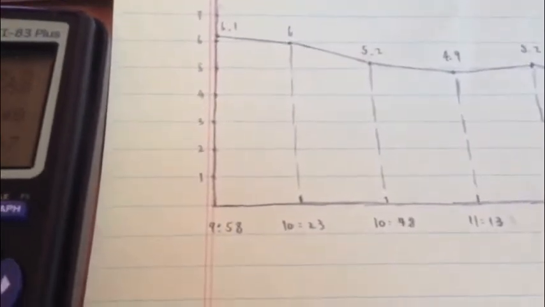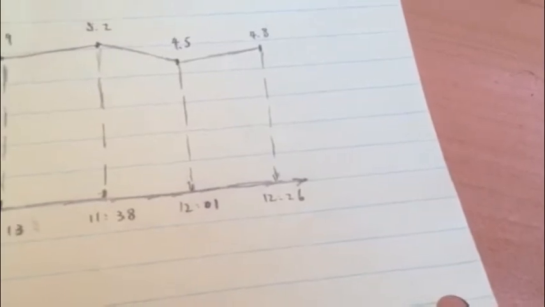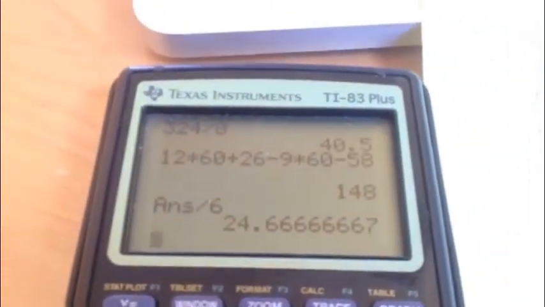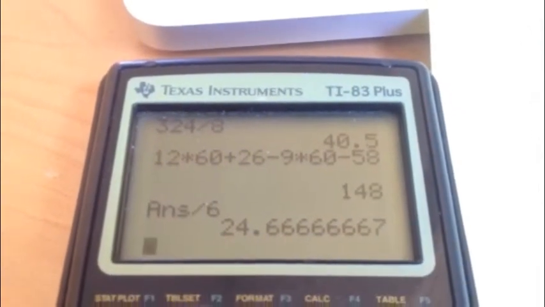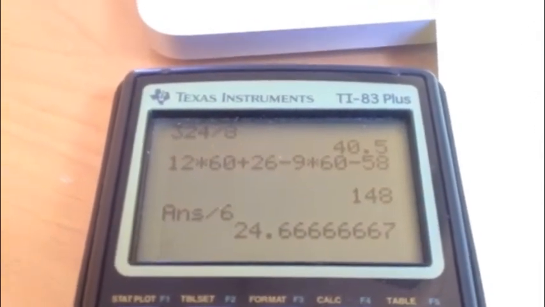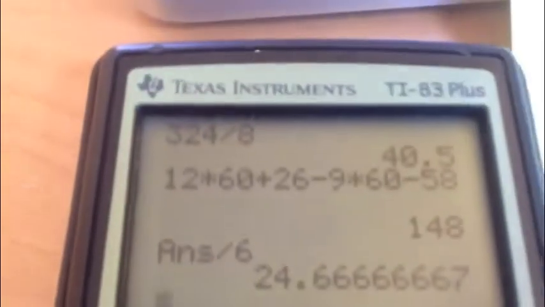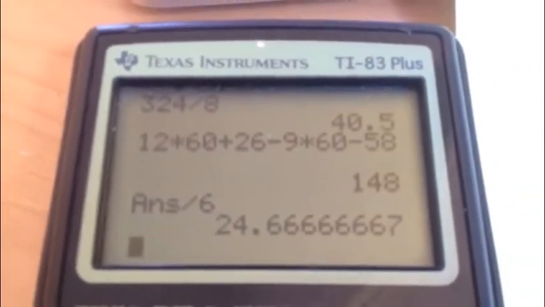Bam, calculus. KJ gave me a specific mission: to do a Riemann sum of the total distance traveled by Fabian from 9:58 to 12:26. After I calculated out the seconds, I decided to divide the Riemann sum into 6 different intervals, 24.66 seconds apart.